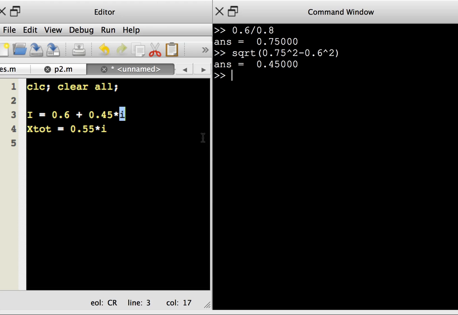My voltage is 1.0 at angle 0, so I'm not defining that. E will be the internal EMF of the machine, so that will be V plus I into X total.